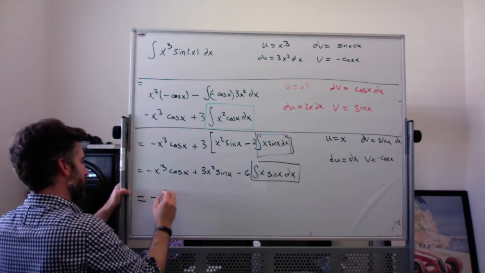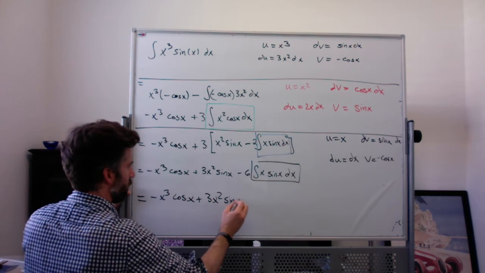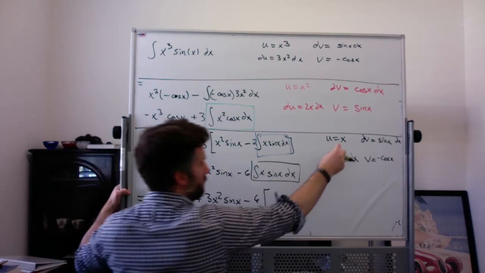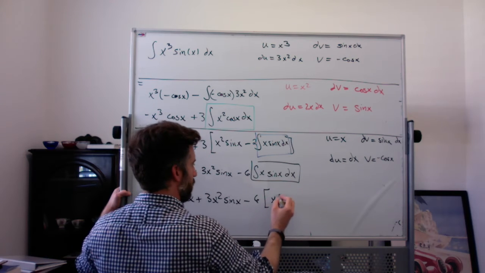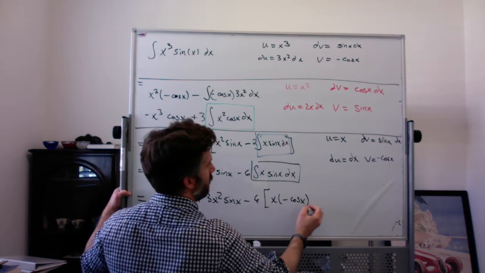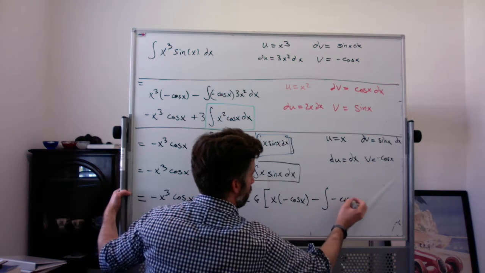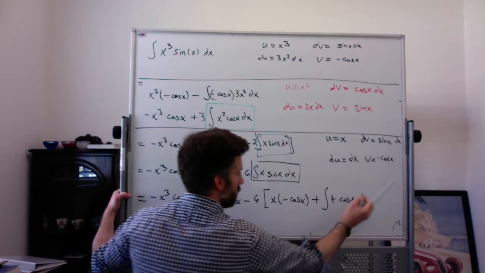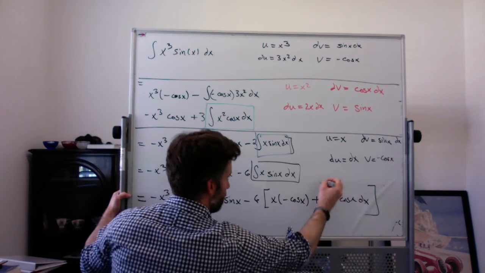Whew, okay, so it's negative x cubed cosine of x plus 3x squared sine of x minus 6 times the integral of x sine of x is uv minus the integral of v du. So it's x times negative cosine of x minus the integral of negative cosine x dx. Minus and minus is a plus. The integral of cosine is sine.